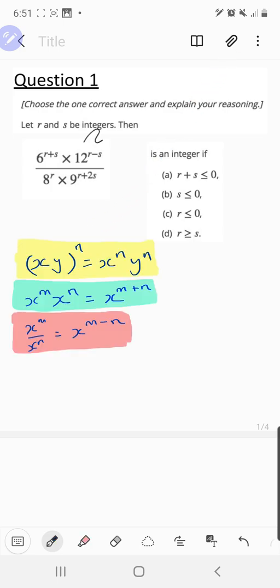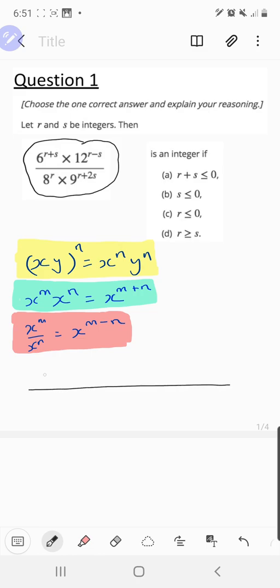And another thing we need to hopefully see is, in order to simplify this, we may need to break up the 6 and the 12 and the 8 and the 9, so using their prime factors. So let's start. The 6 is 2 times 3.